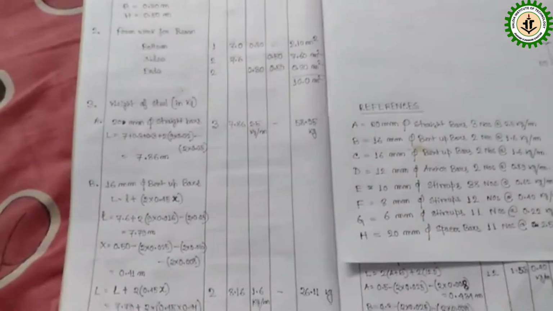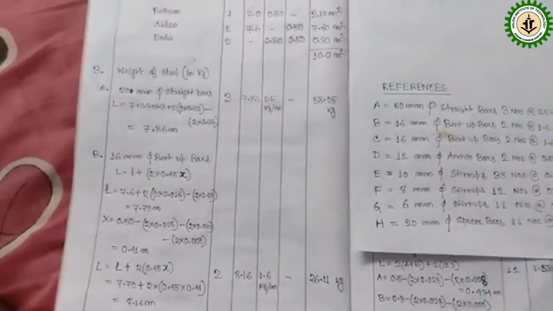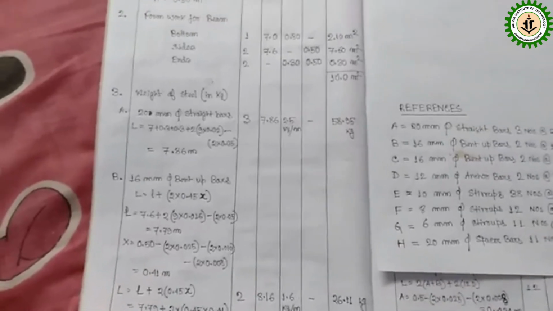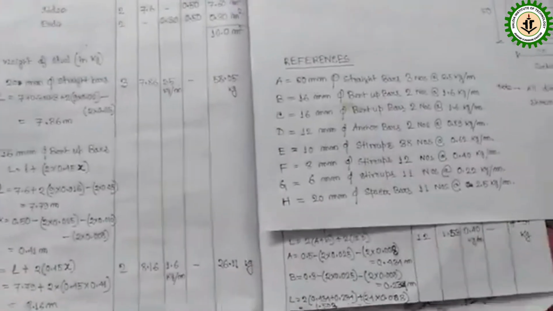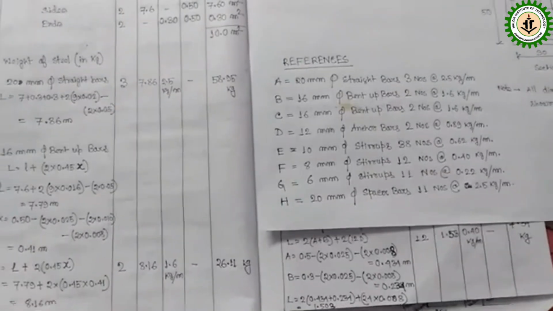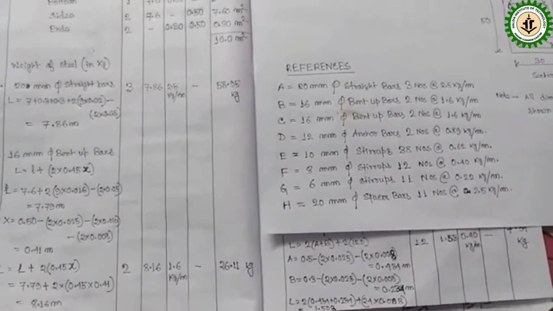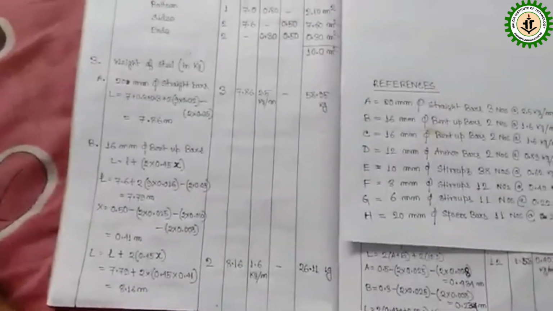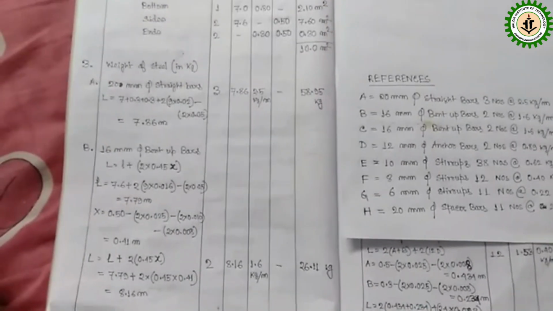Next you have to deduct the stirrup diameter from both sides. From the reference you will get that 10 mm stirrups are provided at both sides. So we have to deduct 2 into 0.010 meter from the total height.